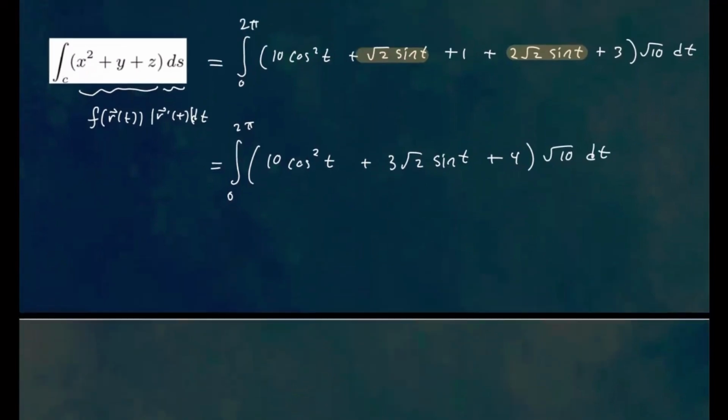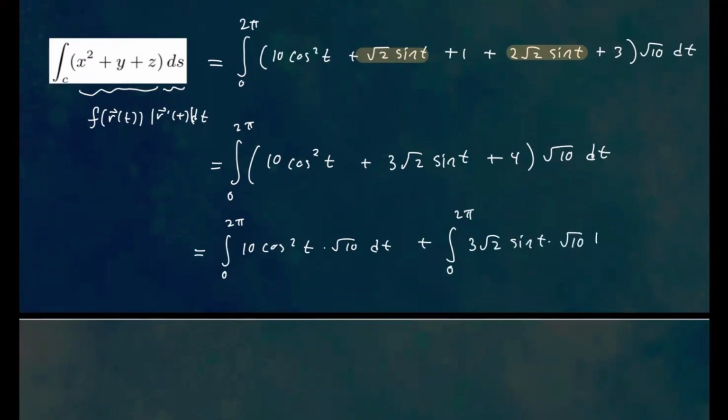Now here is something you want to notice. You have 3 integrals. You have the integral from 0 to 2 pi of 10 cosine square of t times square root of 10 dt, plus the integral from 0 to 2 pi of 3 square root of 2 sine of t times the square root of 10 dt.